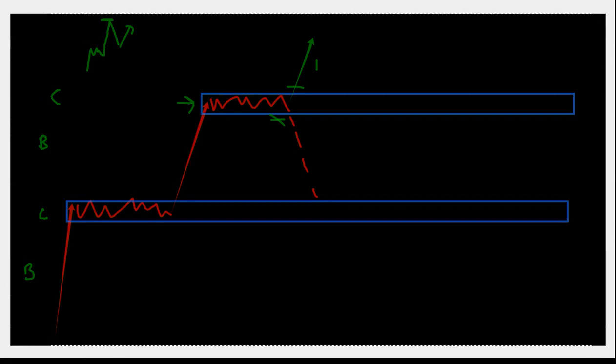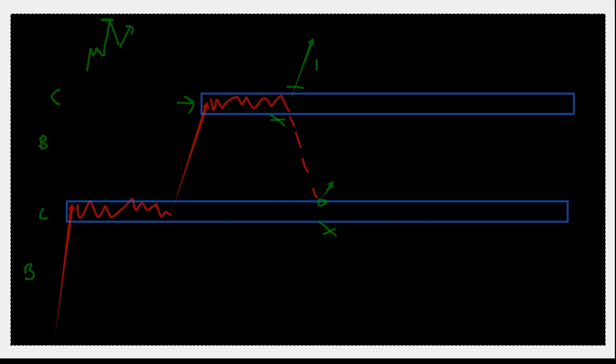So take the long, and it's a fairly safe trade. You have a well-defined risk, so if the price ends up breaking below that consolidation area, then you're going to be a little bit out of the money, but not significantly. So this second scenario makes for a fairly good trade, right?